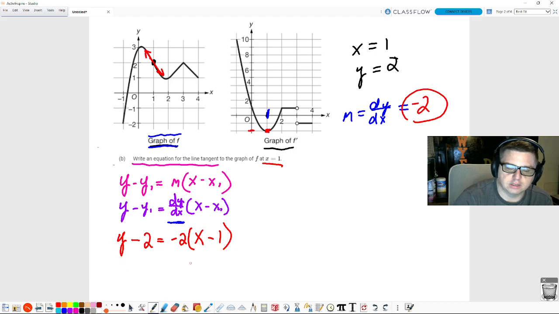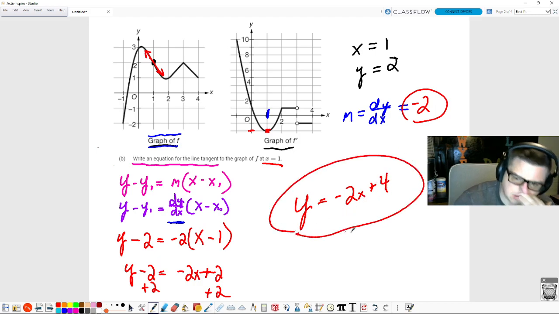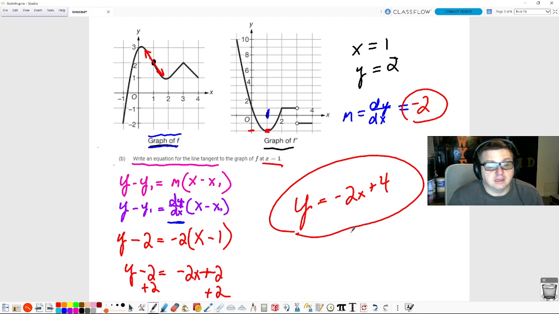Now, once I do this, make sure you solve it, because for some reason, AP Central loves that. And we're left with y equals -2x plus 4. And this would be my final answer. And technically look at how many mistakes I made in this problem.